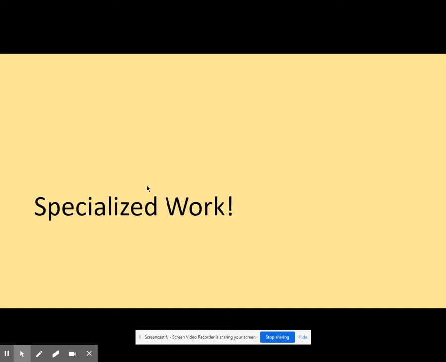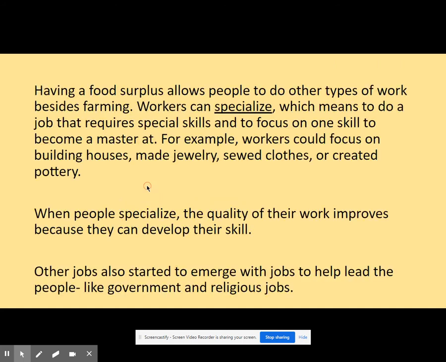So, another characteristic is going to be specialized work. And we saw in the last unit how people could start to specialize because of the food surplus allowing other people to do work that was not just farming. So workers could specialize, which means to do a job that requires special skills and to focus on one skill to become a master at.